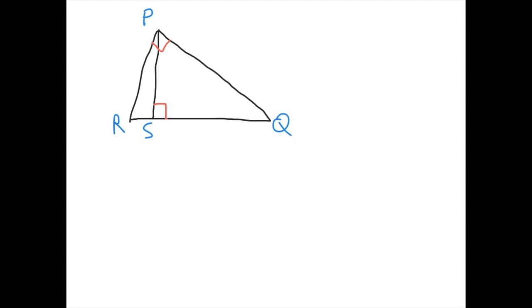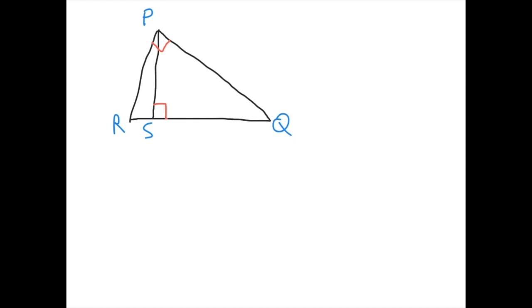Now for the second example that I mentioned. The second way that you can use geometric mean in right triangles is to find one of the measures of the triangle, one of the legs.